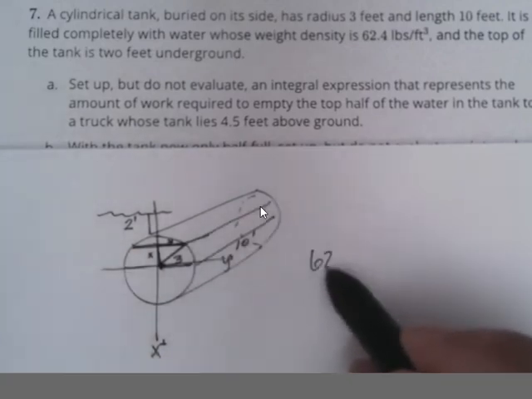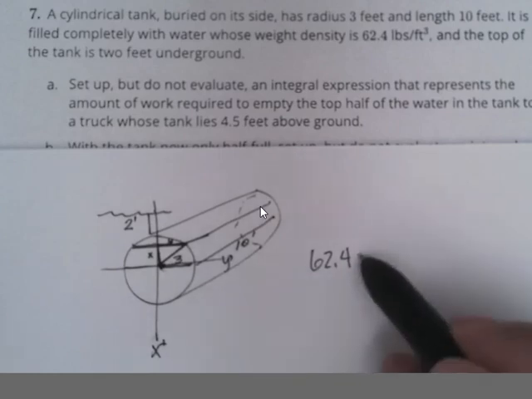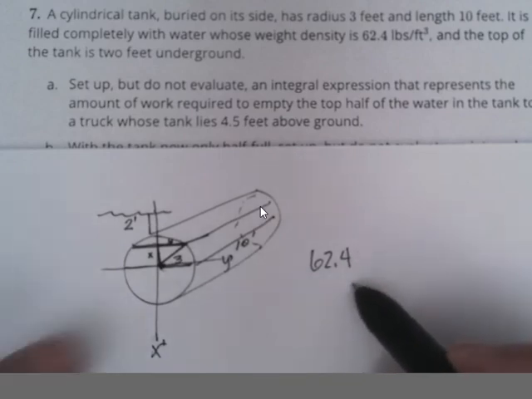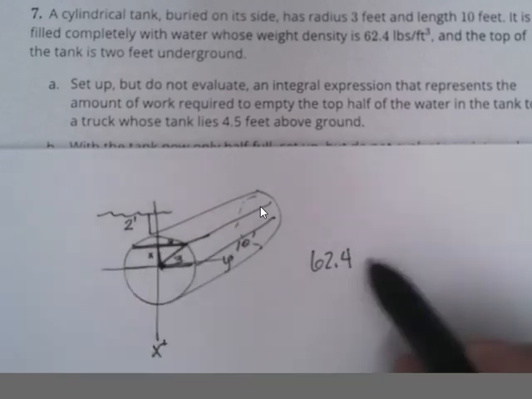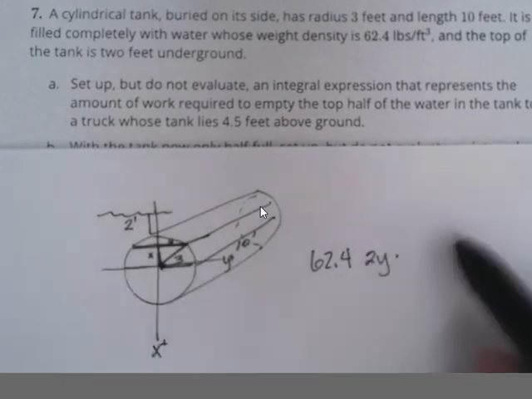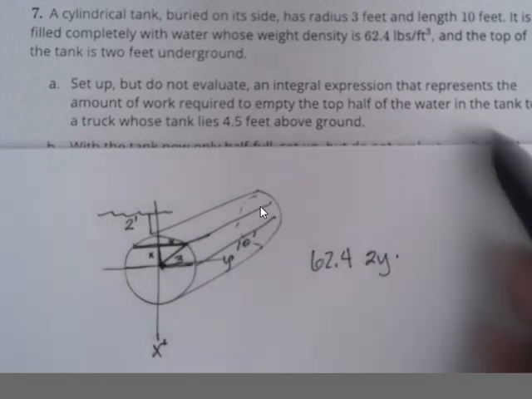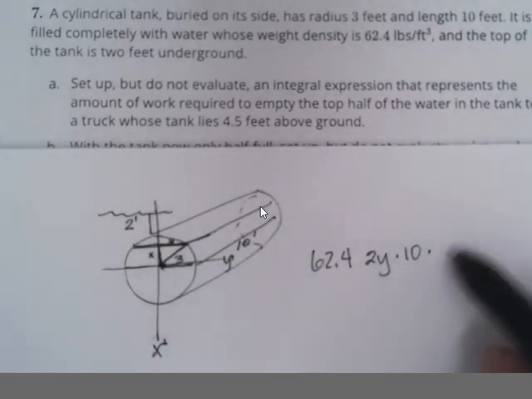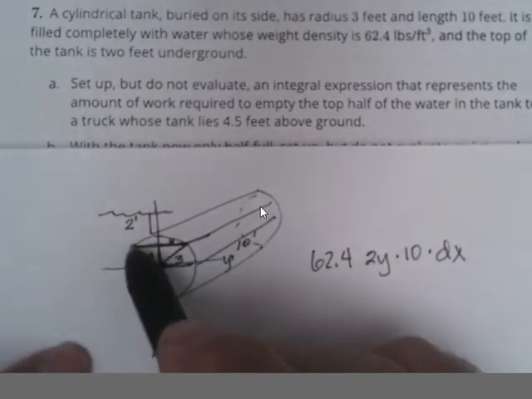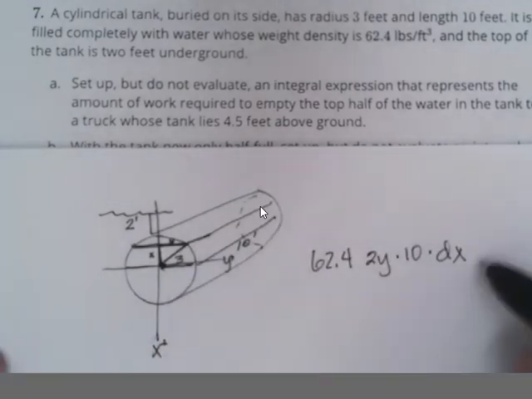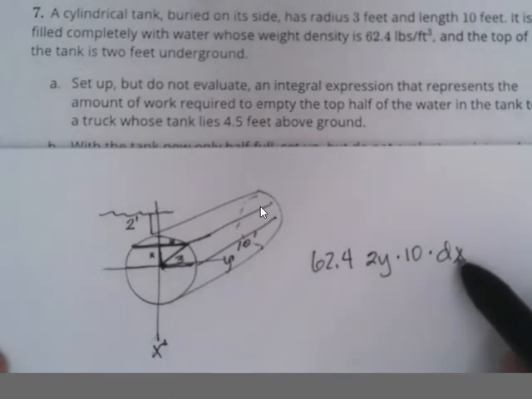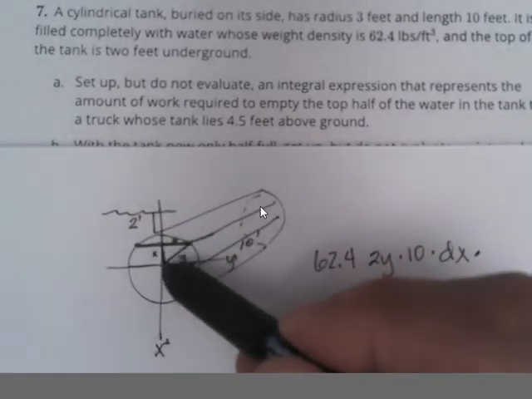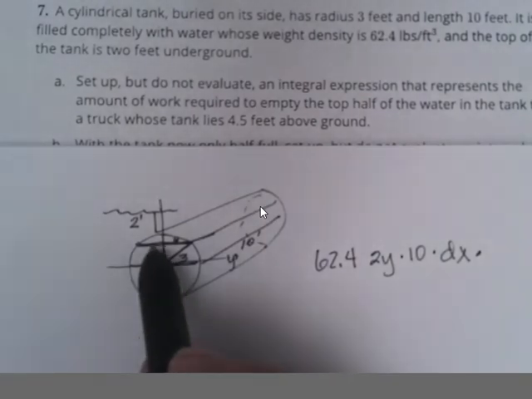So it's going to be 62.4 pounds per cubic foot times the volume, which is going to be 2y times 10 times dx, the thickness, that we're going to lift. So that's the force. Weight density times the volume gives you the weight, a force, times the distance we have to lift it. Well, this is now x.